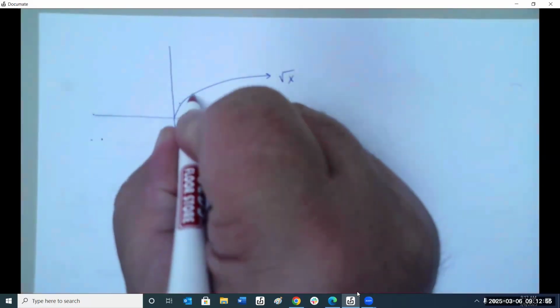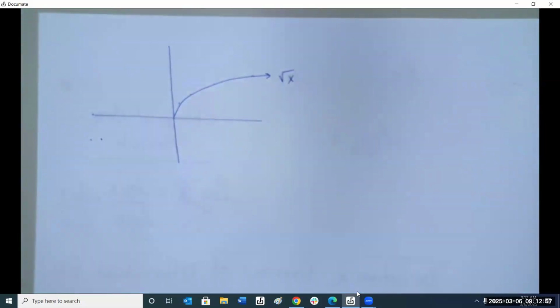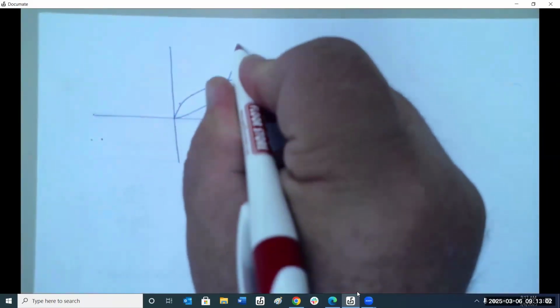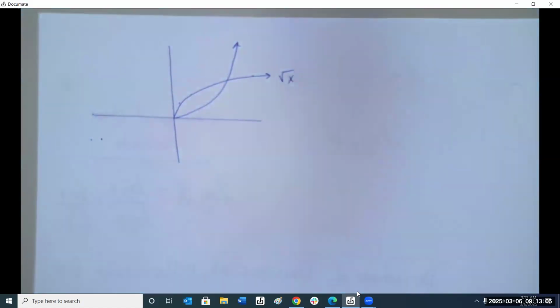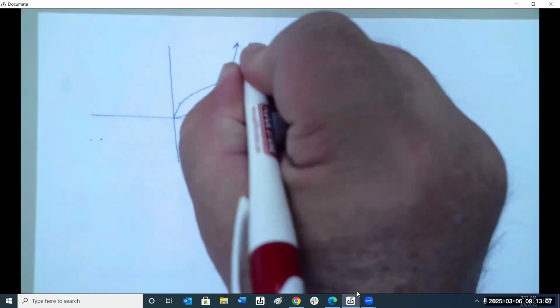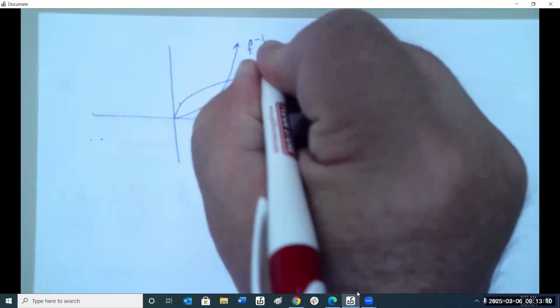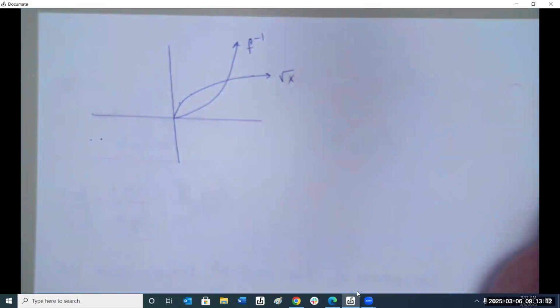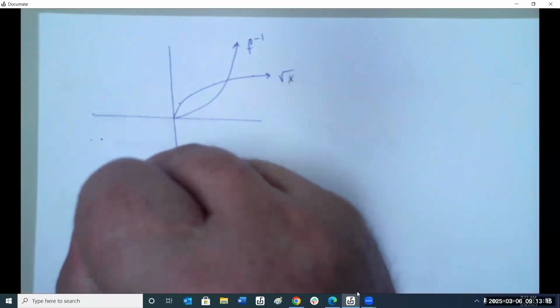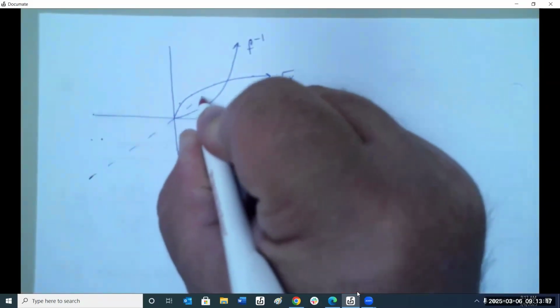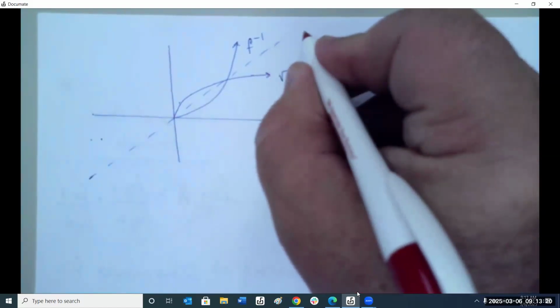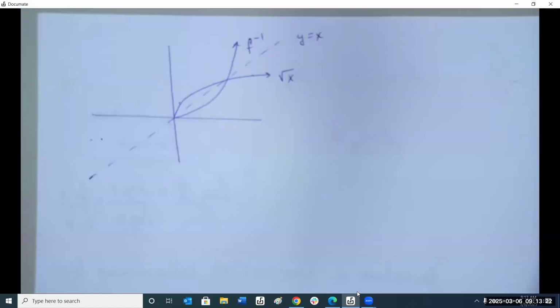Well, yeah, but the reciprocal, the slope changes everywhere. It's symmetric about the line y equals x. So the function and the inverse function are symmetric about the line y equals x.